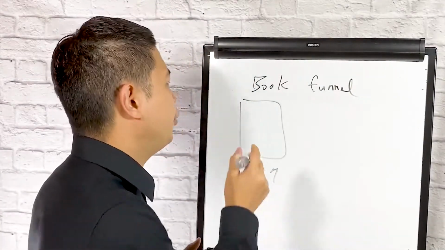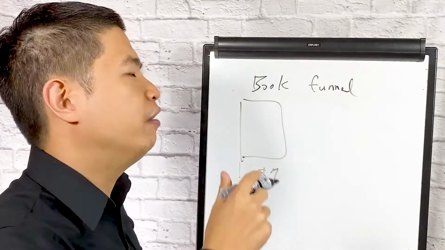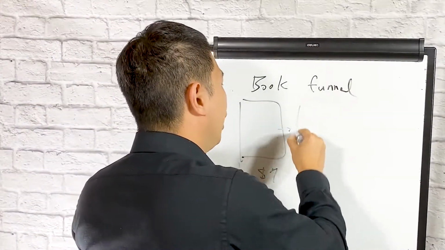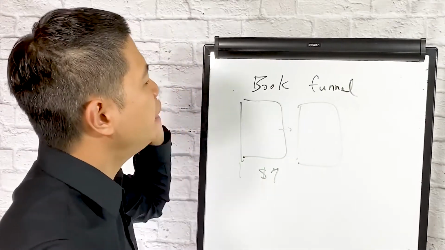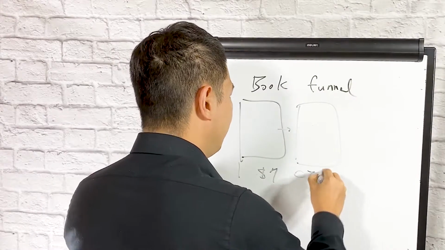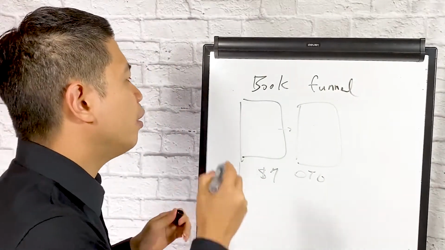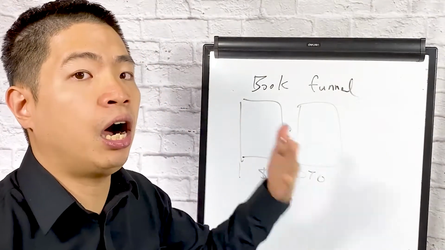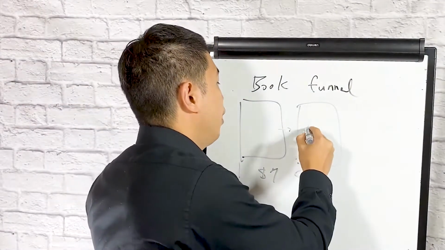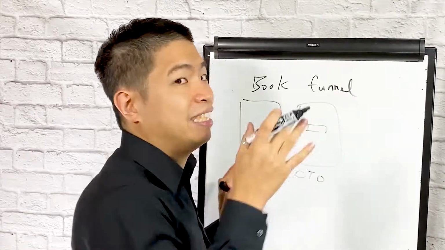Then after they fill in their credit card information, their physical address, and their email address, we will bring them to another page, right? At this page, we are going to do a one-time offer. We are going to ask them if they want to upgrade their offer by paying a small amount of money, maybe $37 or maybe $97.